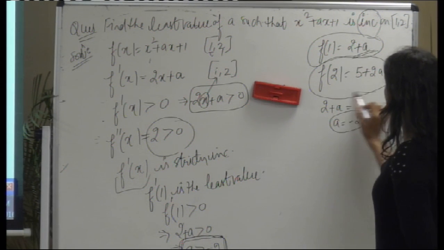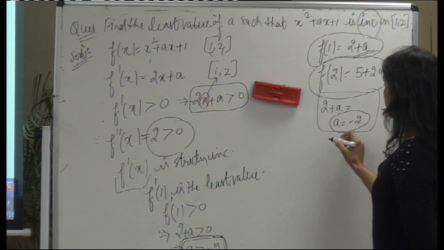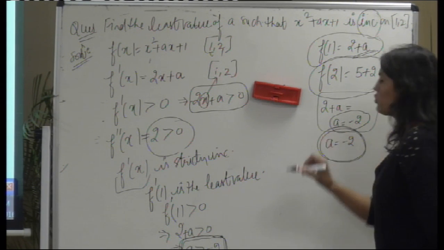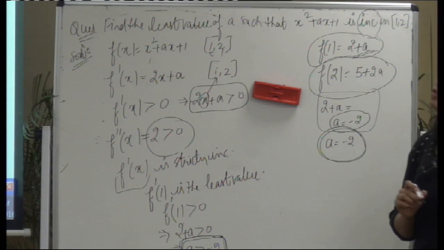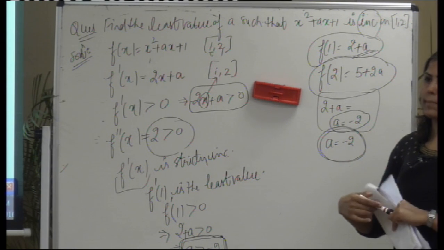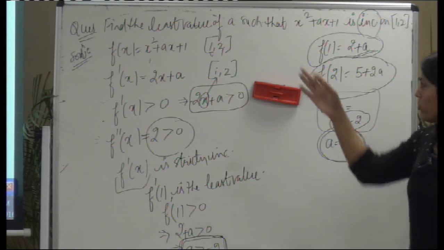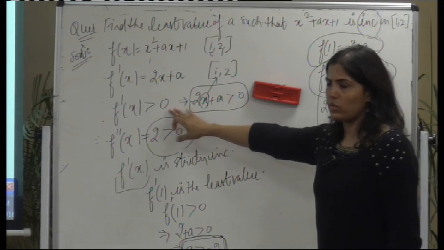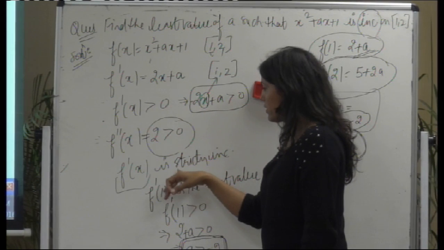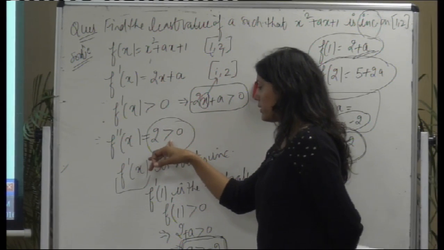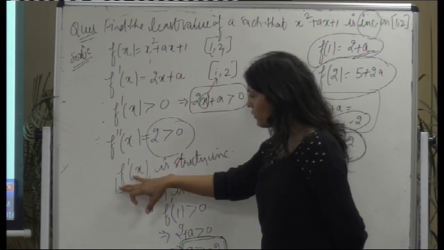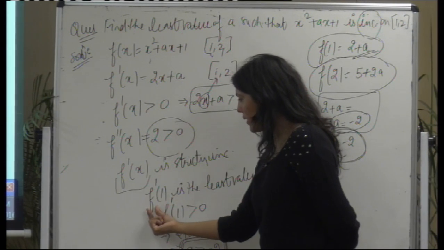Somebody from here, I think in advance, this is good actually if she is fast in thinking, but what facts did she use to answer a should be minus 2? I used my given condition that this function is increasing, so derivative will be greater than 0. I checked its second derivative, which is also greater than 0. It means my derivative function is also increasing, so its least value will be f dash 1.